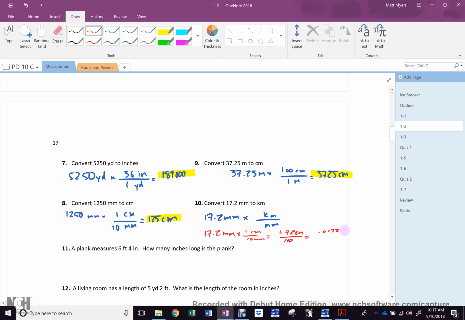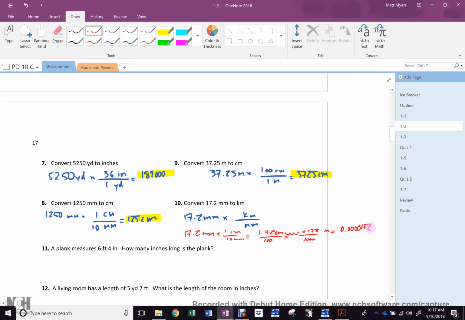Where am I now? I'm at meters. How do I get to kilometers? Divide by 1,000, which means that decimal place has to move how many spots? 3. And what goes in the holes? Zeros. 0.0000172.